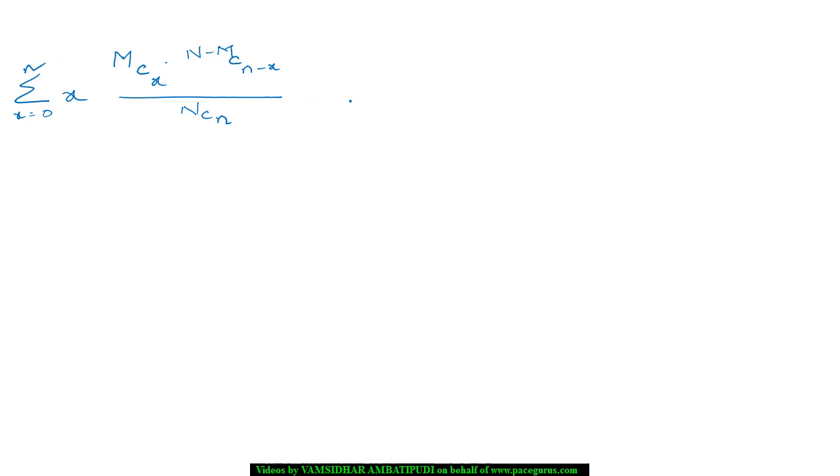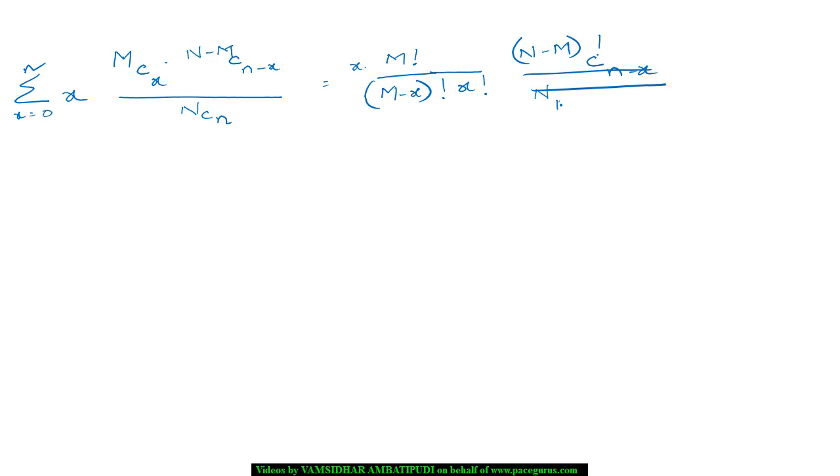Okay, now let me simplify this. This becomes M factorial divided by M minus x factorial into x factorial, x into N minus M factorial, divided by, or I can keep it as it is, N minus M C n minus x divided by NCn. Now I will take x out, making it x minus 1 factorial.